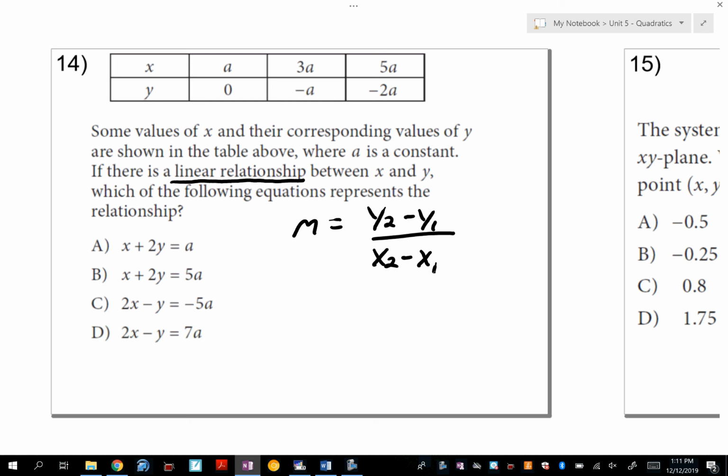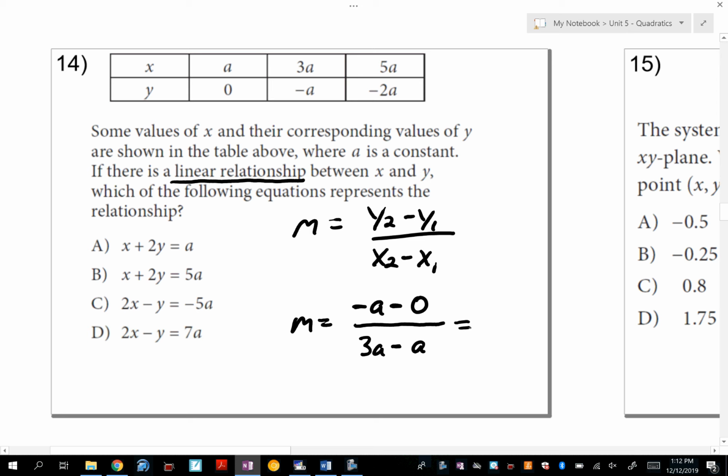So my second y value is going to be the opposite of a, minus my first y value, which is 0, over my second x value, which is 3a, minus my first x value, which is a.